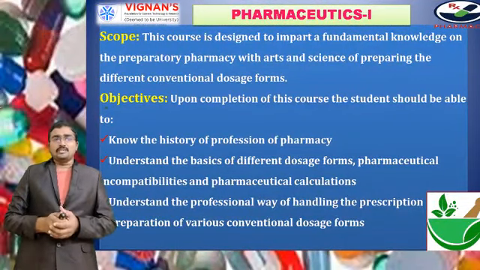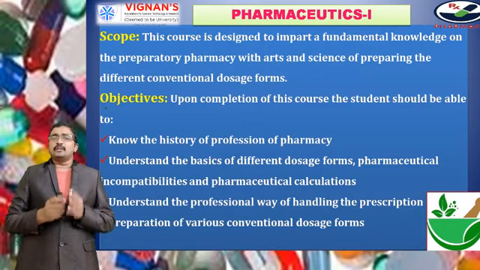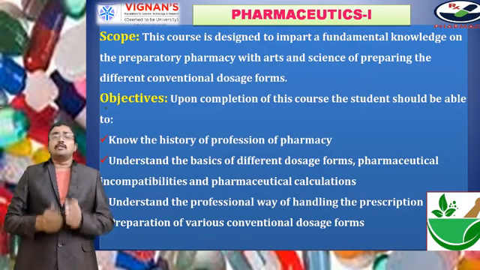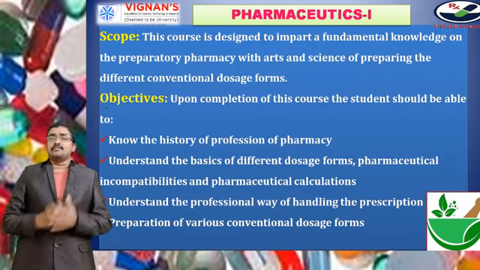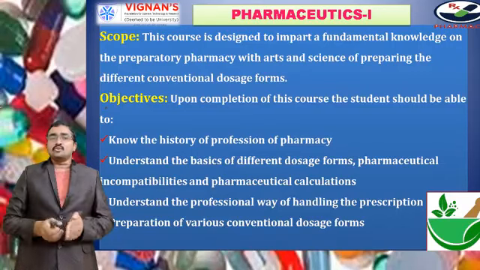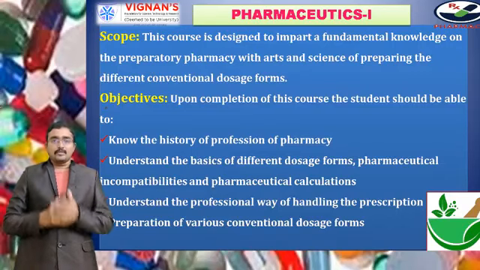The main objective of this course: after completion, the student should be able to know the history of the profession of pharmacy, understand the basic different dosage forms, and the pharmaceutical methodologies involved in dosage form development.